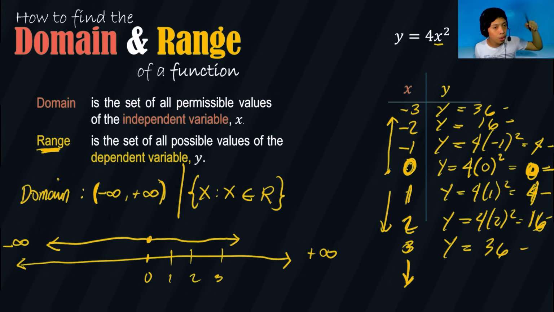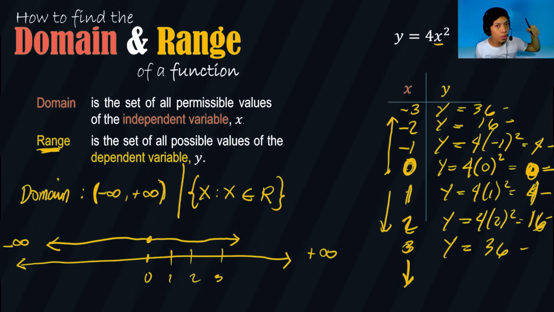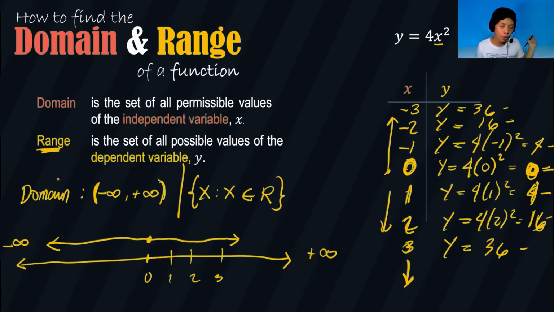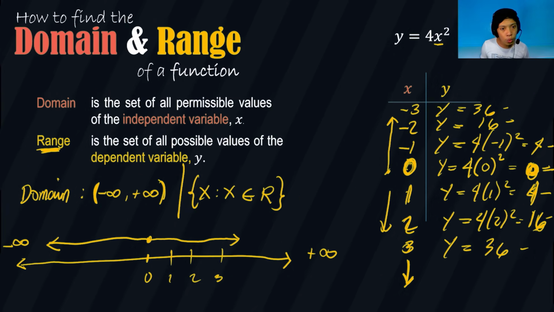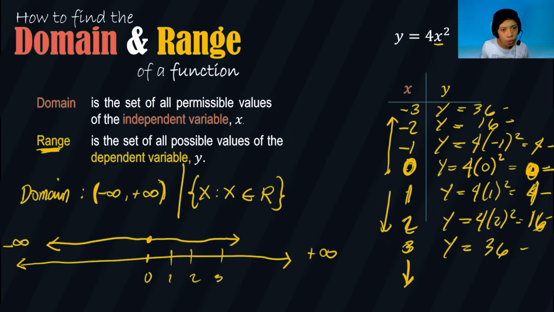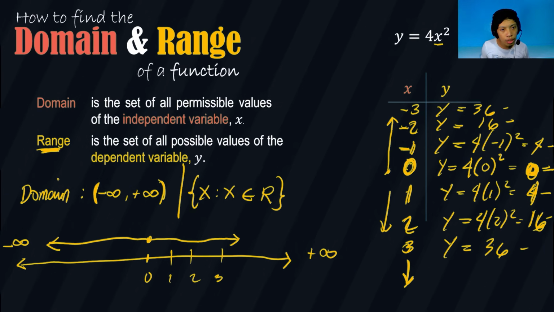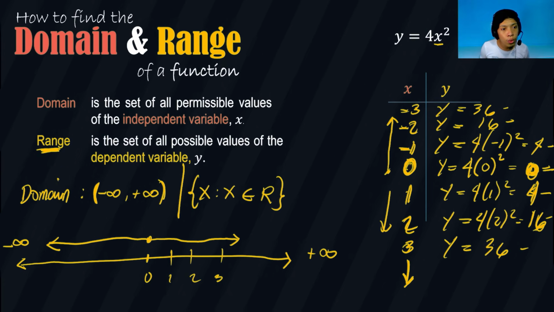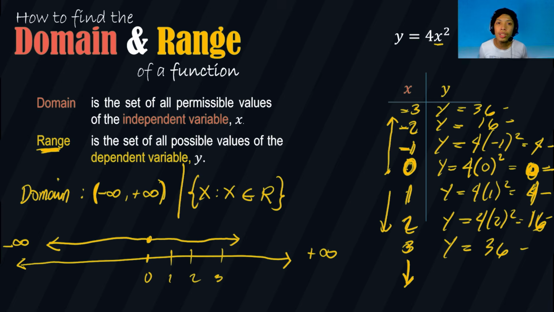Okay? So, the value of y also increases infinitely: 0, 4, 16, 36, and so on. How about when you go down? 0, negative 1, negative 2, negative 3 for the value of x, your y is also 0, 4, 16, 36.